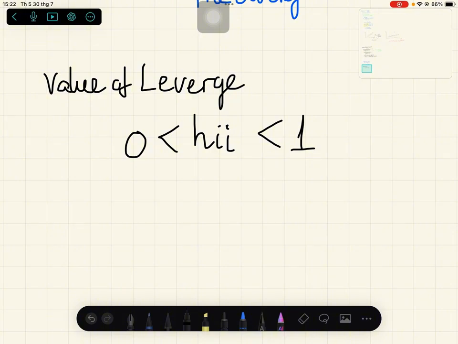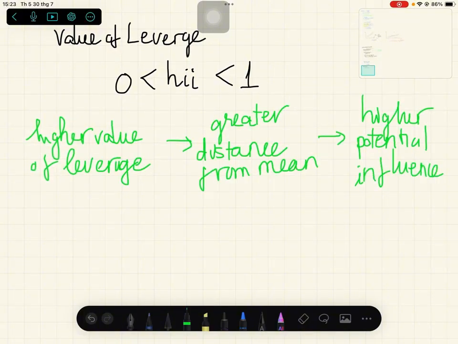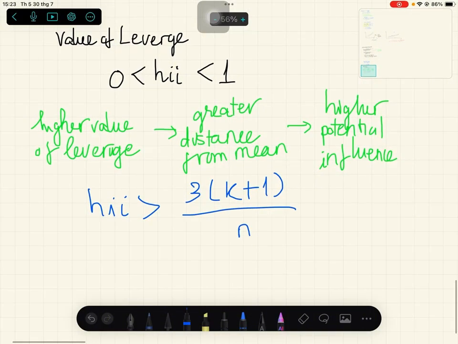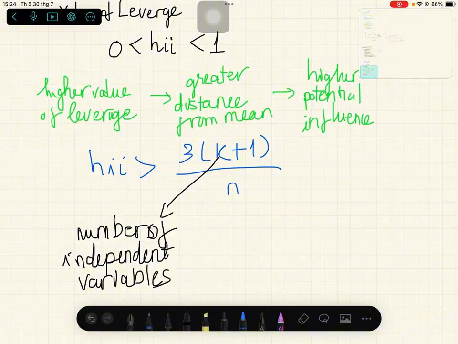A leverage value is always between 0 and 1. The closer it is to 1, the more unusual that observation's X value is. A commonly used rule of thumb is h_ii greater than 3 times (k plus 1) over n, where k is the number of independent variables and n is the sample size.